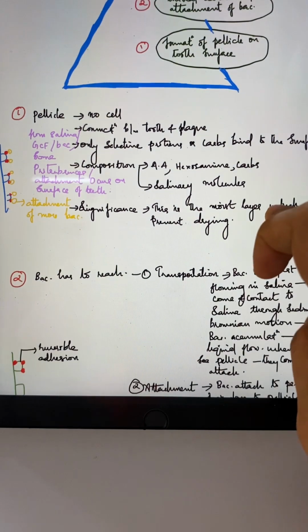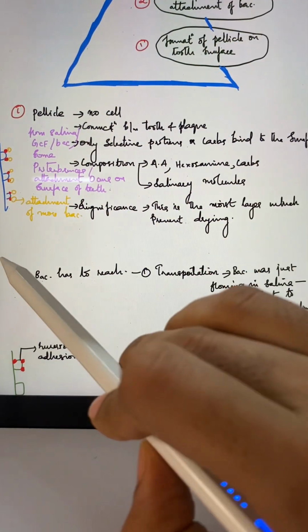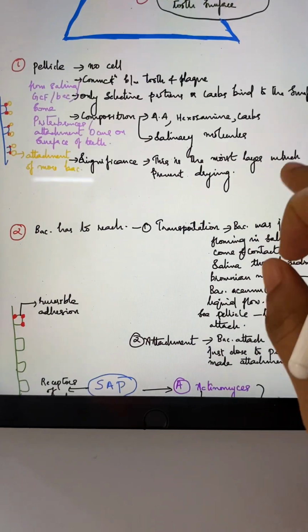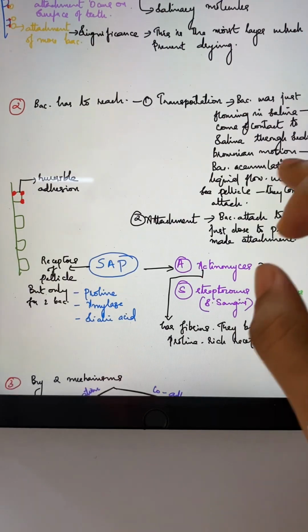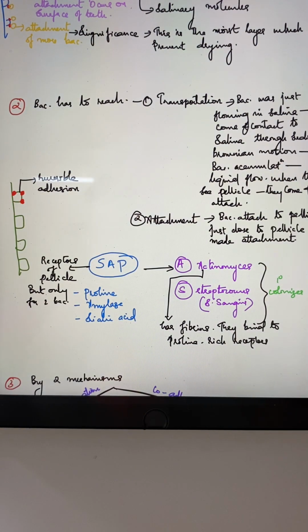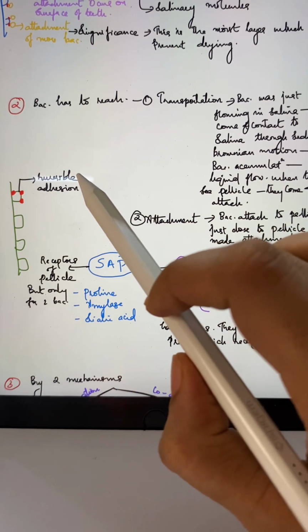Then next is the initial adhesion or attachment of the bacteria, because bacteria have to reach the surface by transportation. So bacteria are just flowing in the saliva, and they come in contact with the surface through sedimentation and Brownian motion.